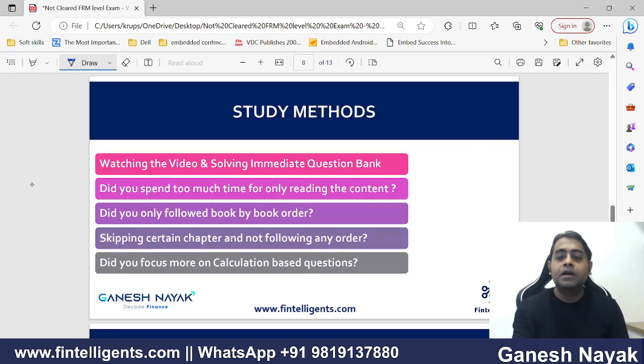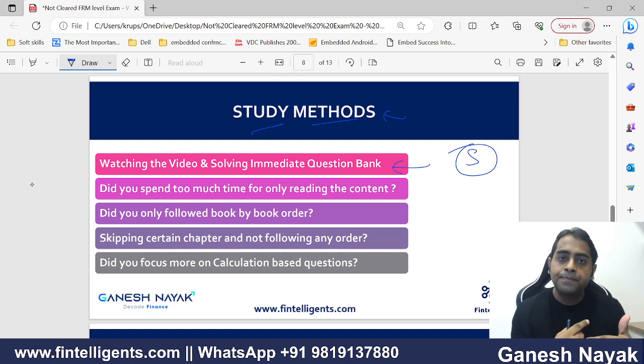Let us go to the next bucket, the fifth bucket, which focuses on the study method. A lot of students prepare on their own. A lot of students go to a coaching institute, where they get the video lectures and all of that. The first question: did I see the video of the chapter and solve the chapter-wise questions immediately? I generally do not recommend that.